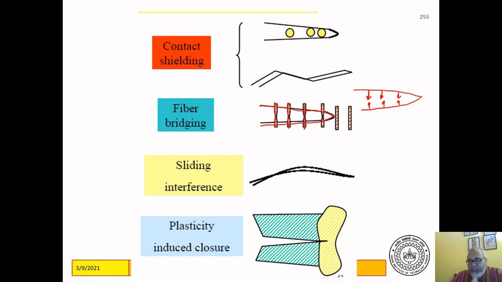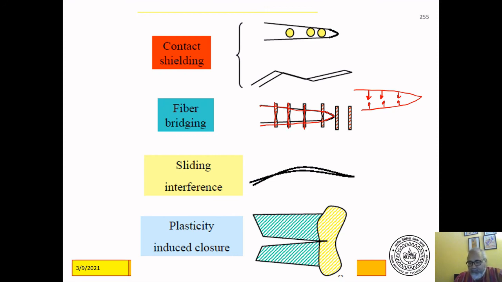So increasing GC is an idea that emanates from Griffith's theory. These ideas about increasing GC of the material emanate from Griffith's theory, and very many such ideas are used routinely in the materials industry in order to create tougher and tougher materials.